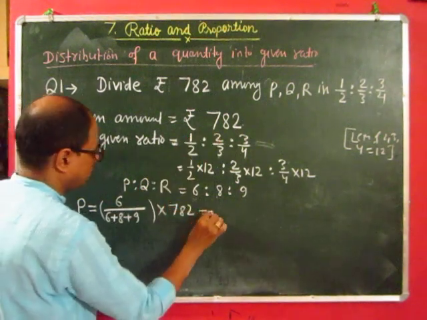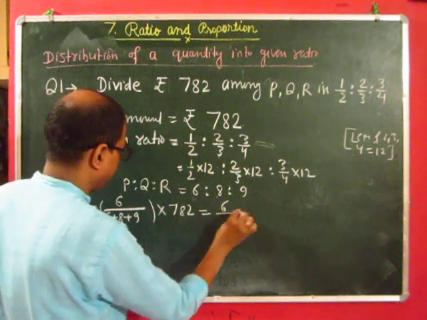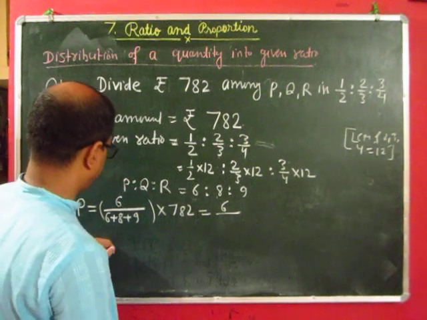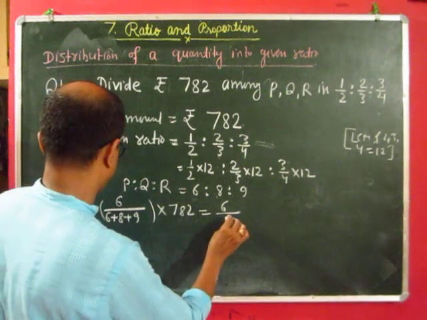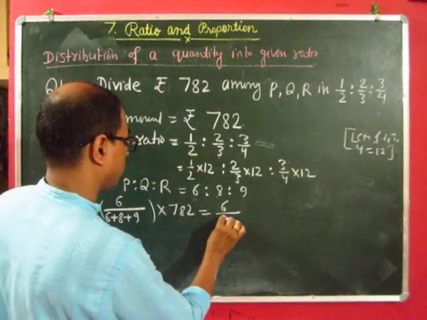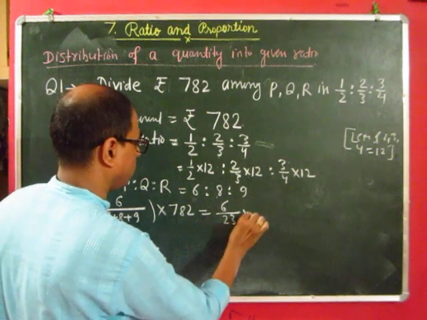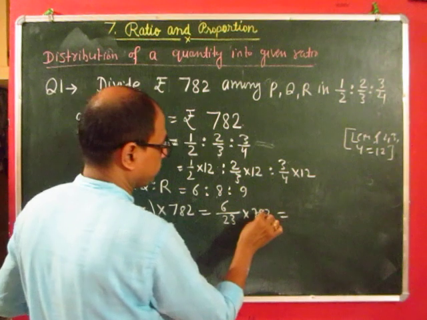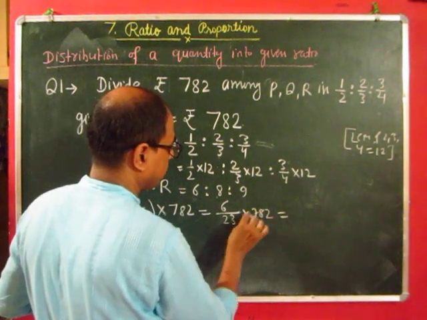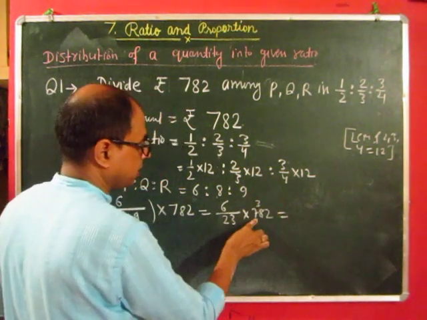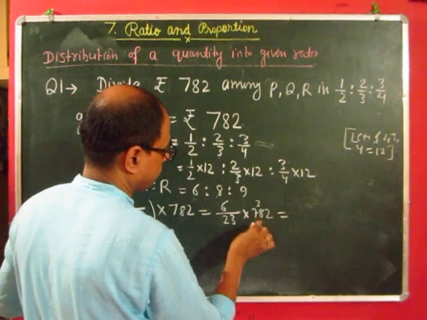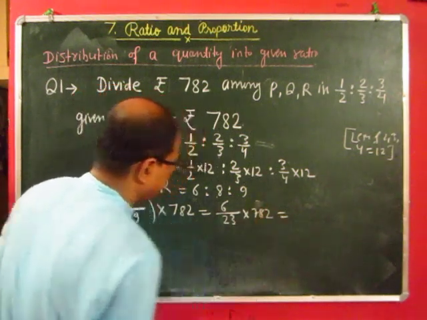Now simplify this, it will be 6 by 6 plus 8 plus 9, that is 23, into 782. Now multiply this, you will get the answer.